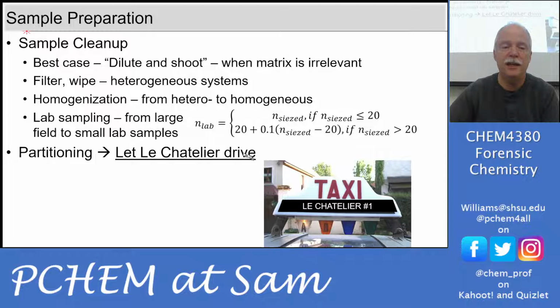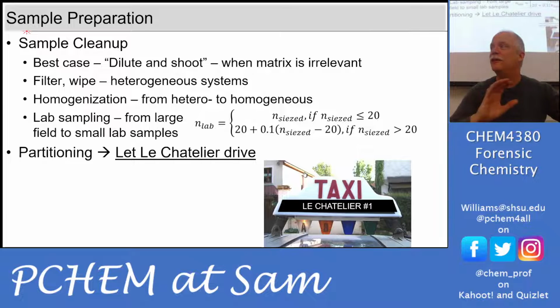And I say, let Le Chatelier drive. So we're going to be talking about Le Chatelier's taxi today. And a taxi is a great thing, right? You take it where you want to go. And if you want to go back, you get in it and go back. And so this chemical equilibrium I think of as a taxi. If I want to go to the products, I get in and I drive over to the products. If I want to go to the reactants, I go the other way. And the driver of that taxi is pH.